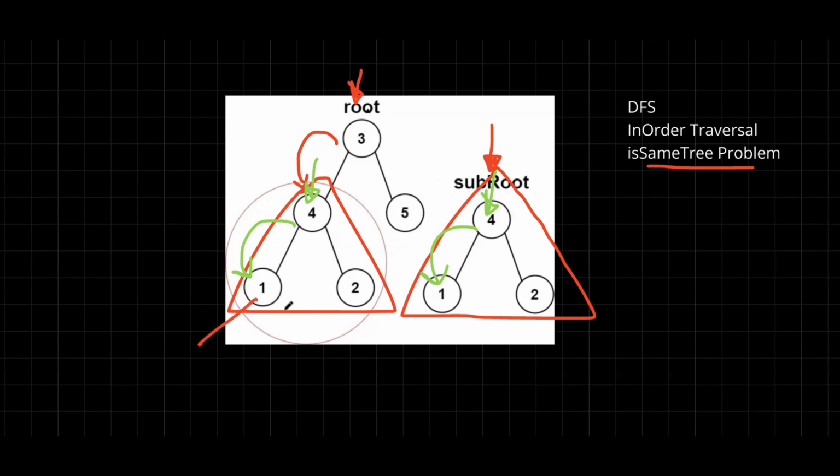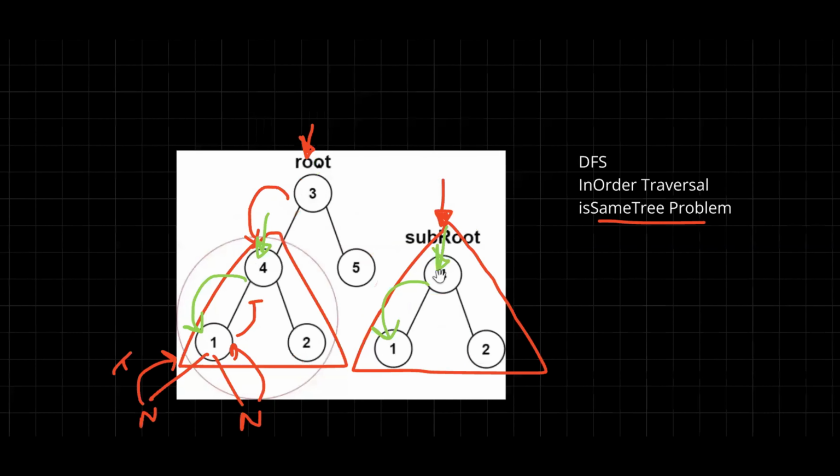Now this one has two children, both of them are null, and both of them will return true. So it will return true. Now again for this node 4, the call will be on this node 1.